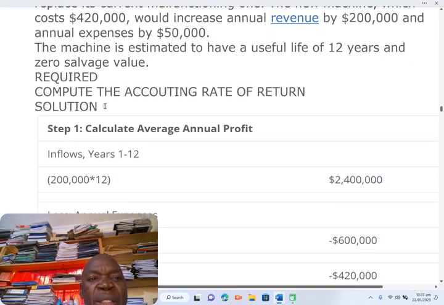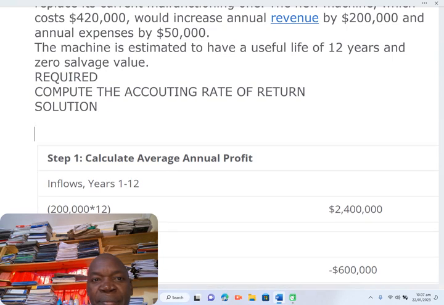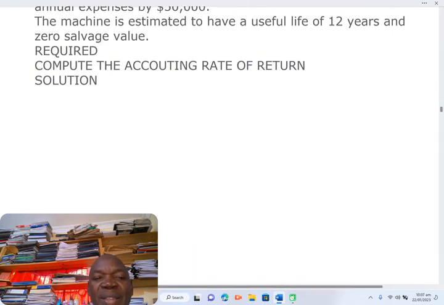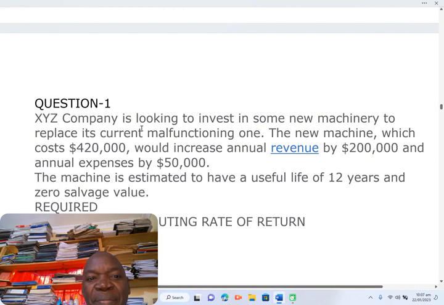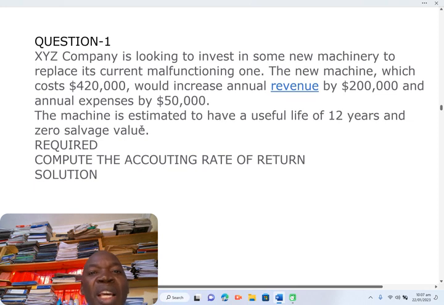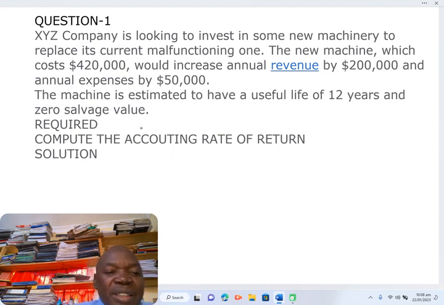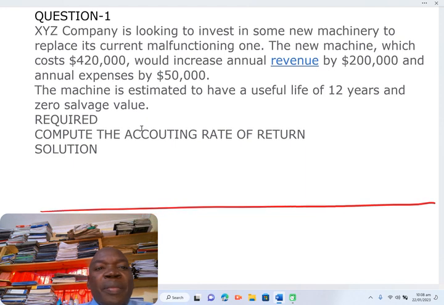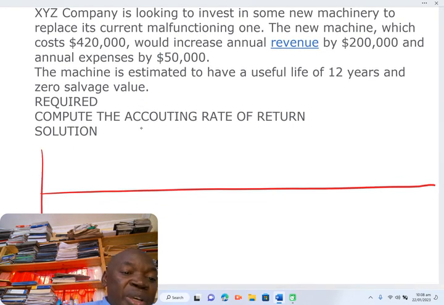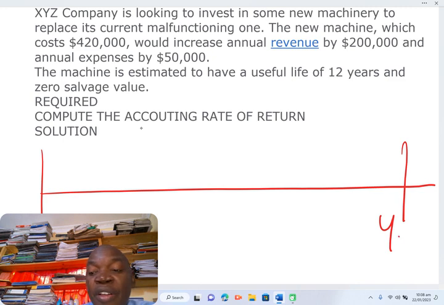We may establish what happened here. XY company is thinking to invest in a project of 12 months. So, demarcation: we have here 0, and we have here 12.